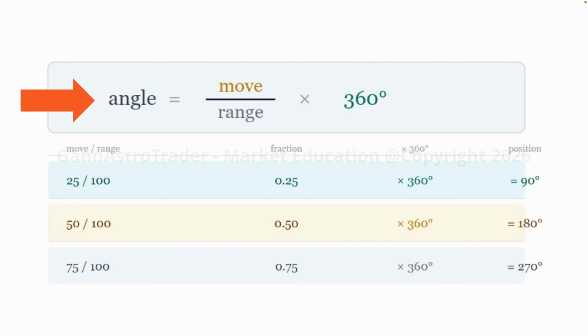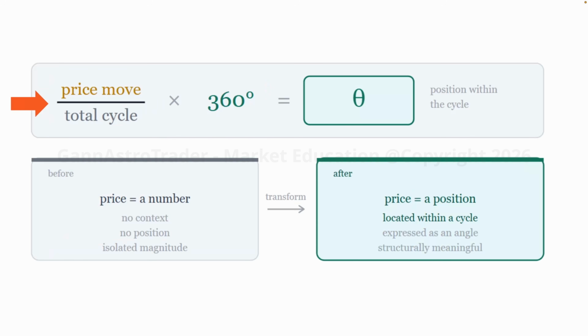This fraction can be converted into degrees, allowing us to locate price within the circular structure. This is where the key transformation happens. We take the price movement, divide it by the total cycle, and multiply the result by 360. This converts a linear value into an angular position. Now price is no longer just a number, it becomes a point within a cycle.